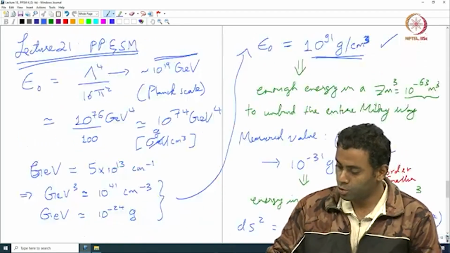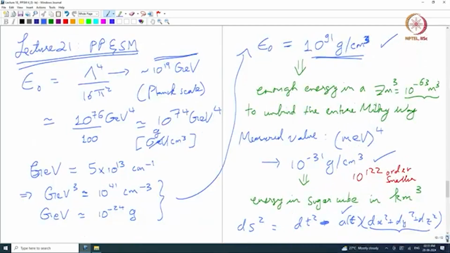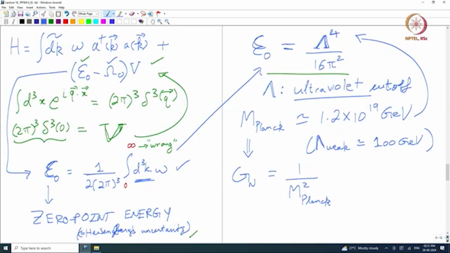Another thing you might object to is that I took the cutoff to be the Planck scale. Now we've only measured fundamental parameters up to the Fermi scale, around 100 GeV. So you might ask, maybe in the future somebody might build a very big collider, a planet size collider if you want, and find that even at 1000 TeV, or even at 10 power 4 GeV, the quantum field theory breaks down. So maybe I should not use the Planck mass as the ultraviolet cutoff, I should use something much smaller.